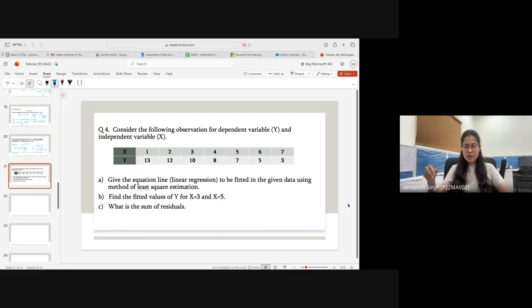From looking at the data, the relationship is in the reverse direction: when I increase the value of x, the value of the dependent variable is decreasing. So the intuition is that the line has a negative slope, like this, because as we increase x, y is decreasing.